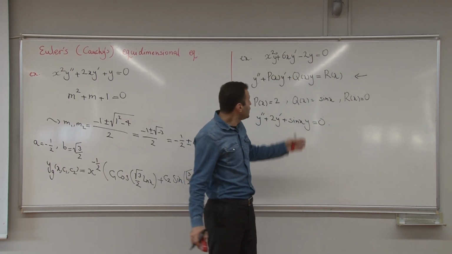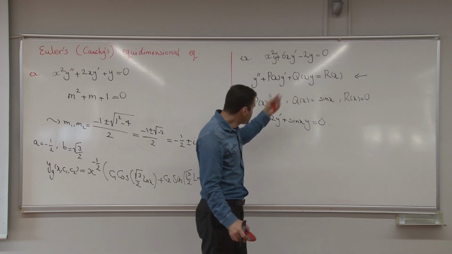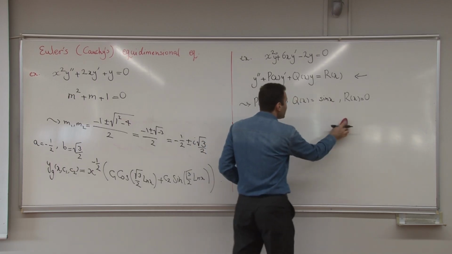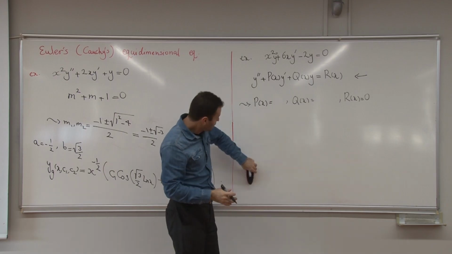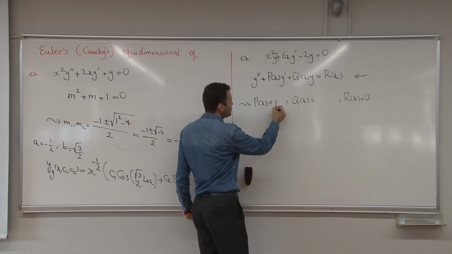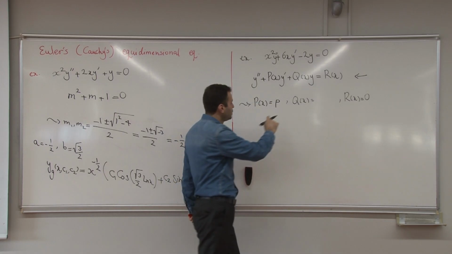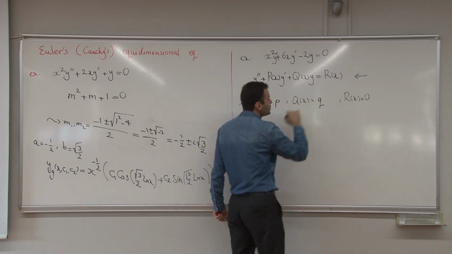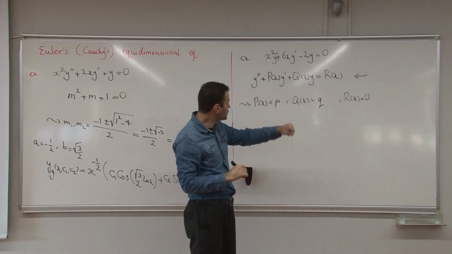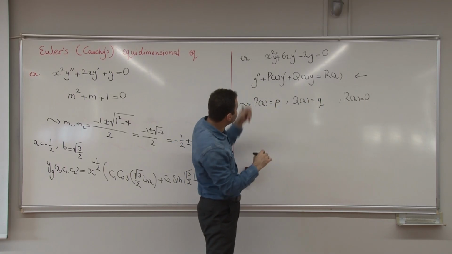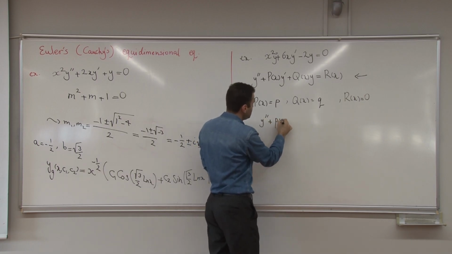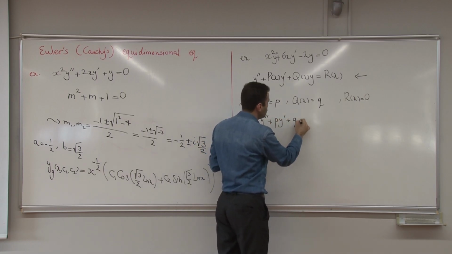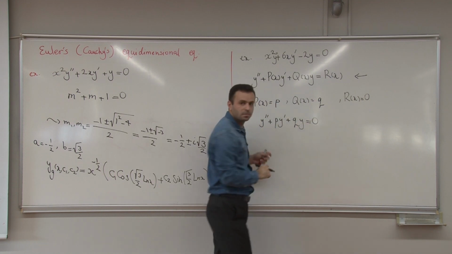Okay? Now in this general form, if you select the function p of x as just a constant p, q of x as just a constant q, and r of x equal to 0, then we are going to have y double prime plus py prime plus qy equal to 0.